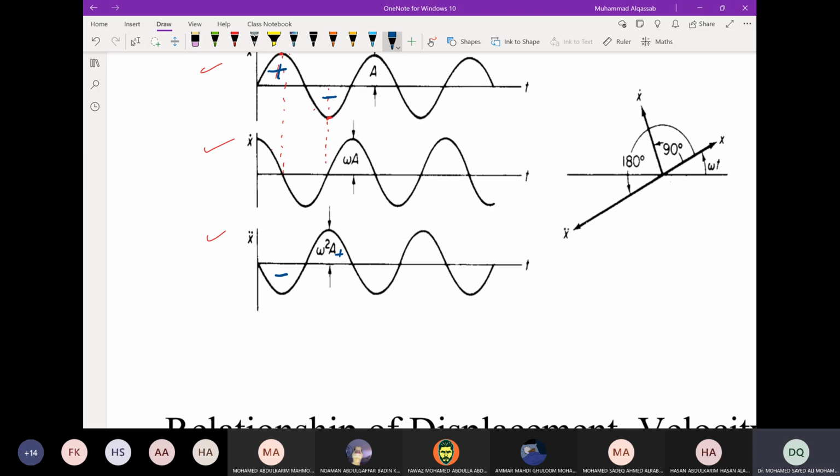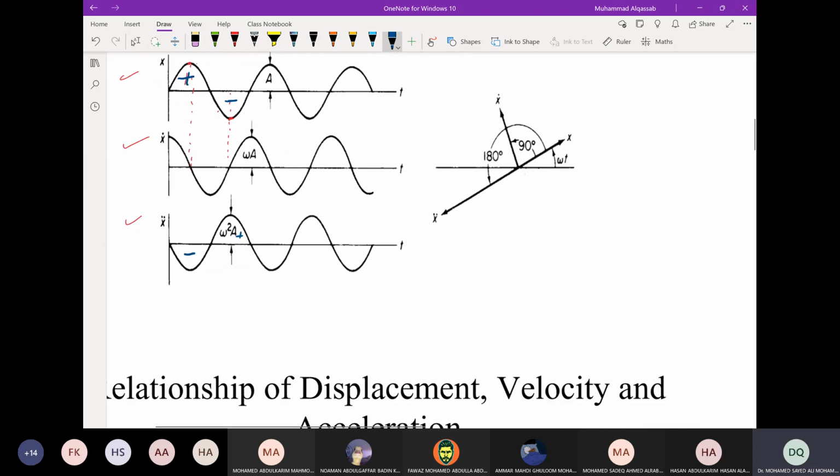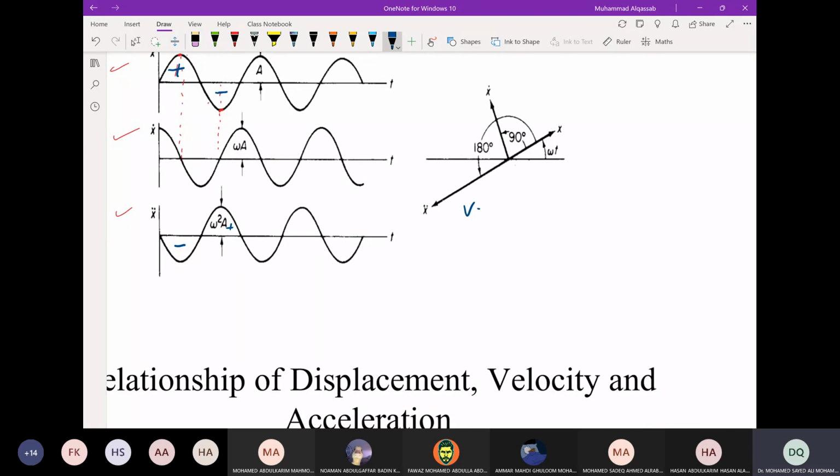And since they are vectors, we can say this is the vector representation of x, x dot and x double dot, which means the vector representation of displacement, velocity, and acceleration.